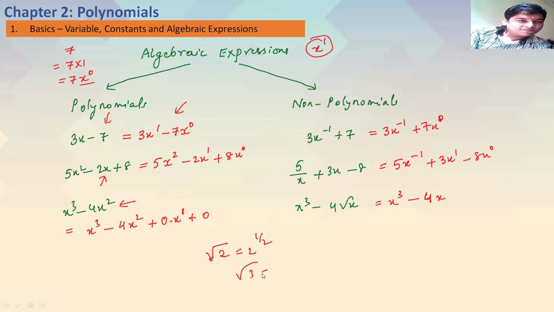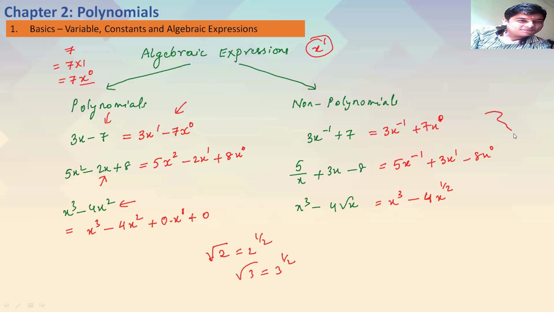Square root of 3 means 3 power half. Don't you recall that? So x power? x power 1 by 2. Getting me? Yeah.